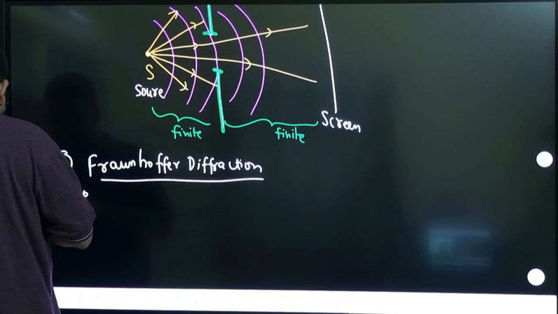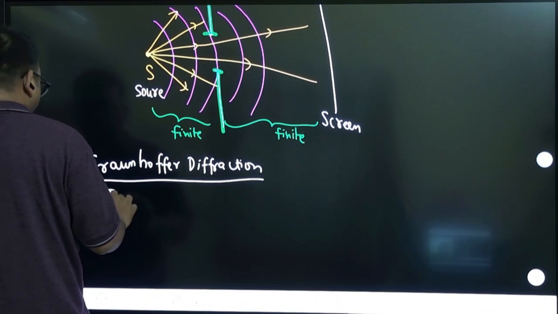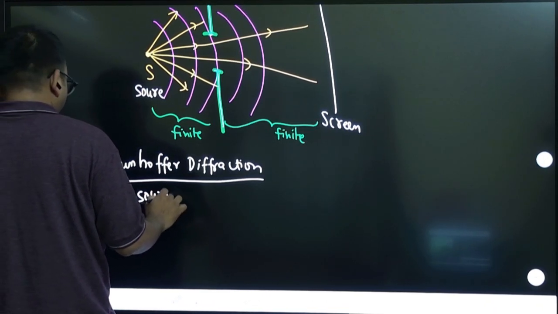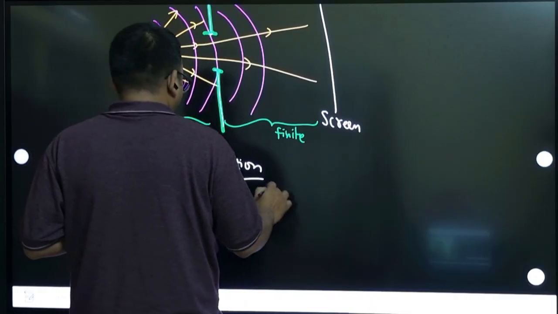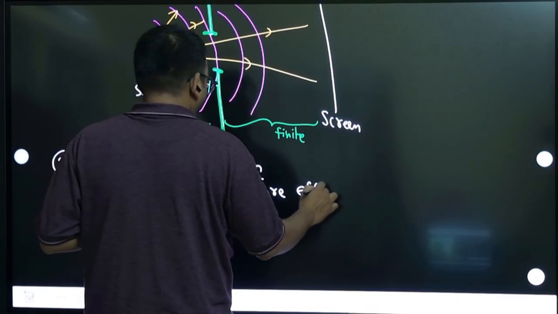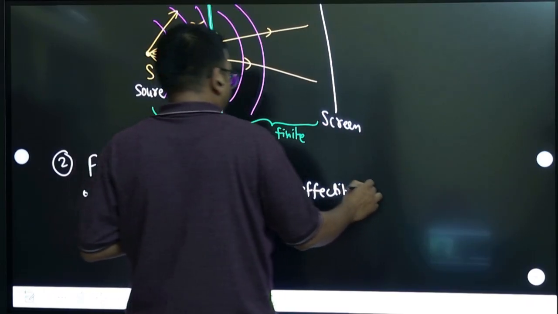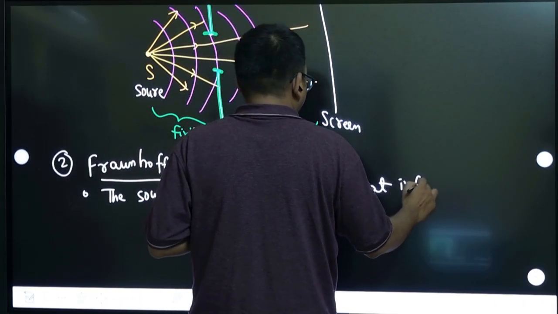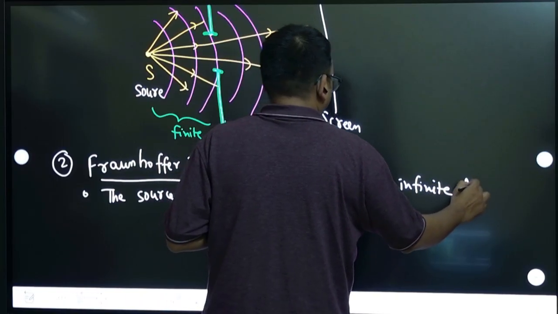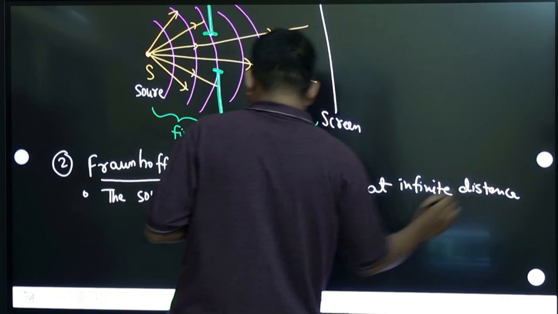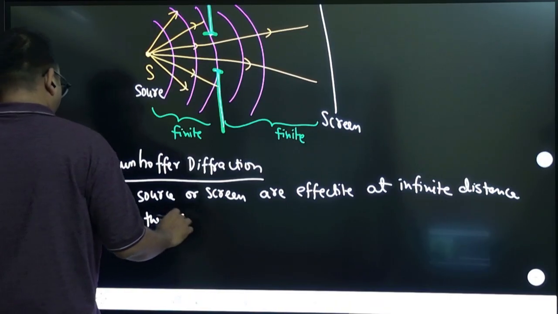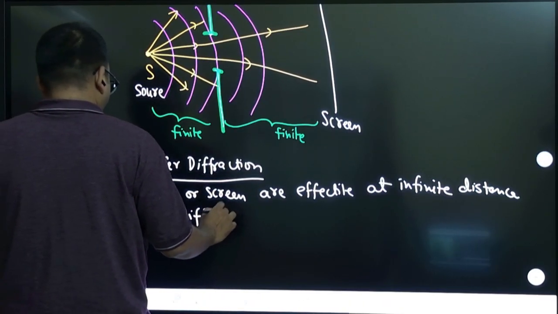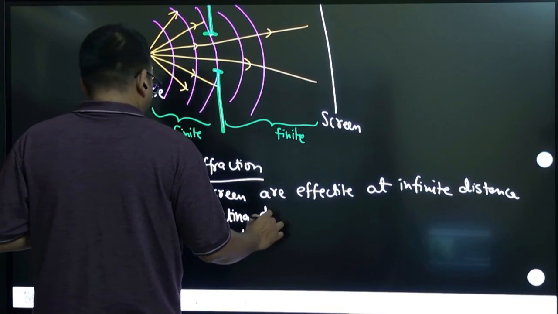The source and screen are effectively at a large distance or infinite distance from the diffracting device.